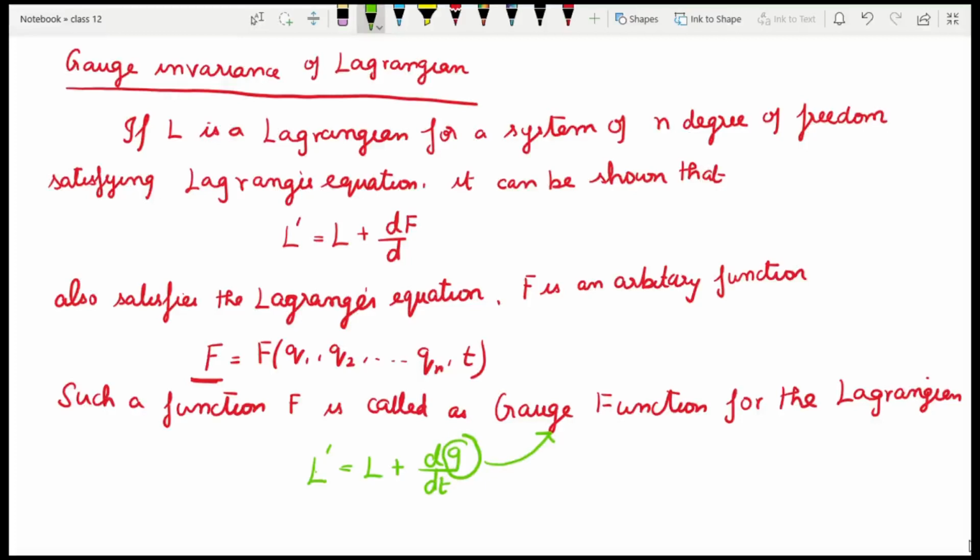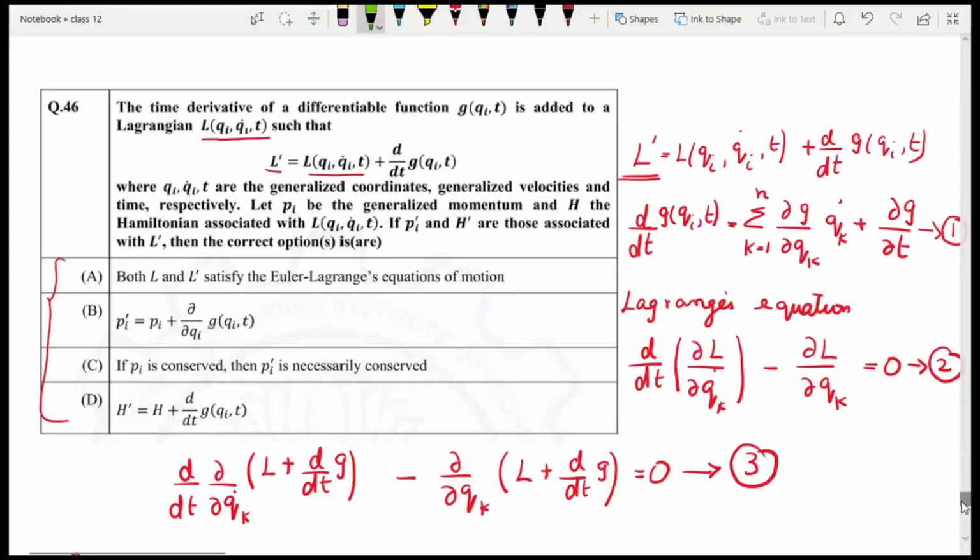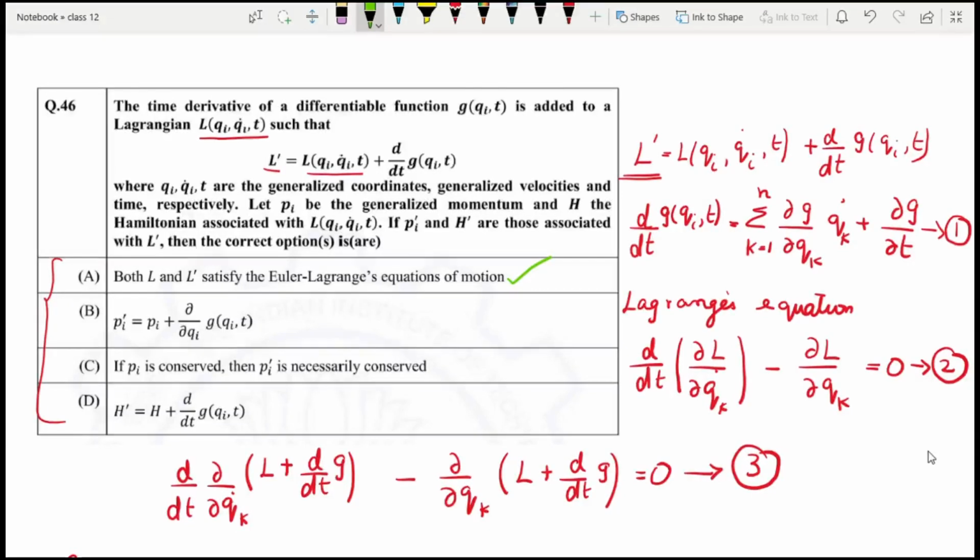Therefore we can say both L and L prime satisfy the Lagrangian equation of motion. Now if you see the given option A, both L and L prime satisfy the Euler-Lagrange equation of motion. This is a correct option. Next we will see which among the remaining three options is the correct one.